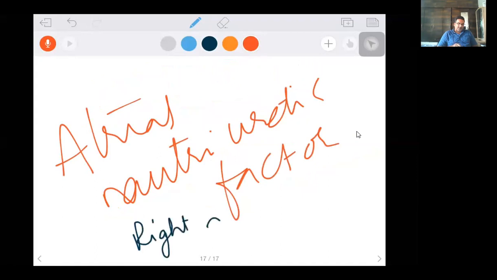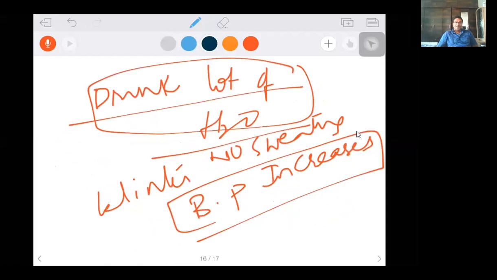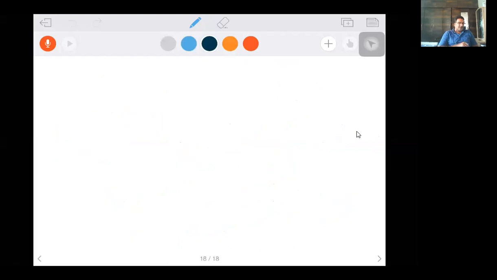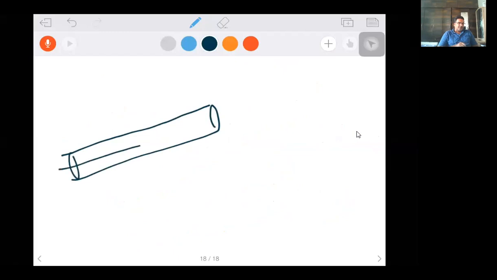That means the increased blood pressure is recognized by the heart, so that brings atrial natriuretic factor for secretion. What does atrial natriuretic factor do? What is the problem? Blood pressure increase, isn't it? If this is the blood vessel, then the blood pressure is increased in this particular blood vessel.